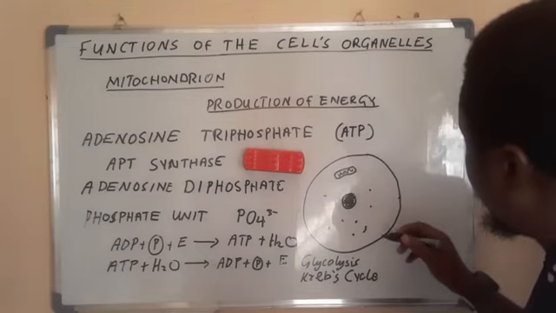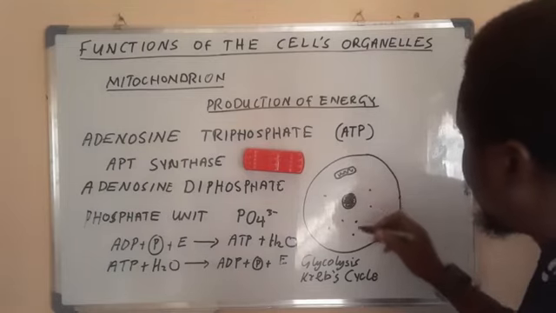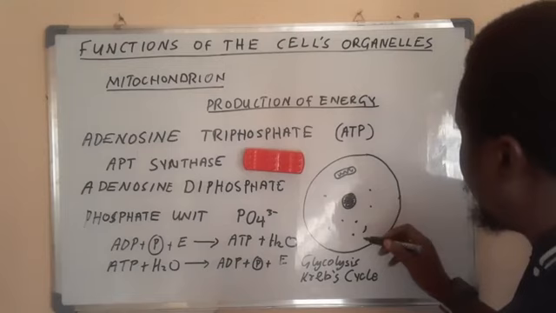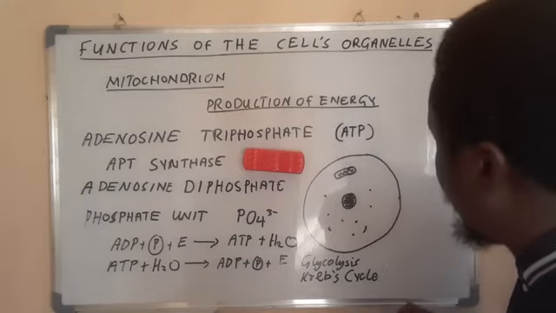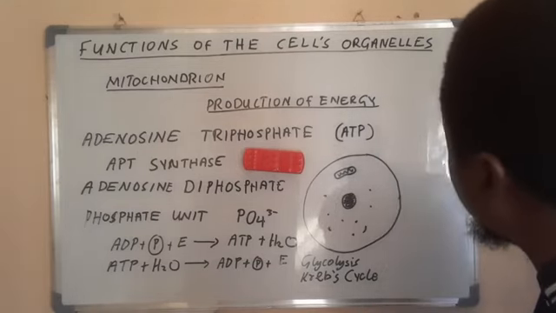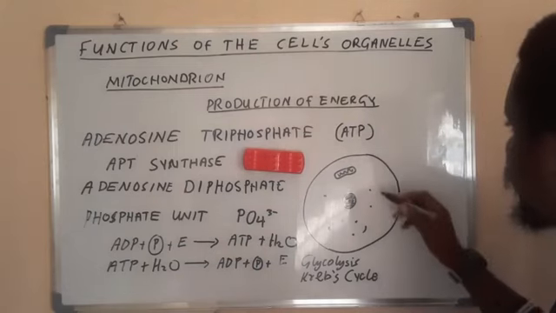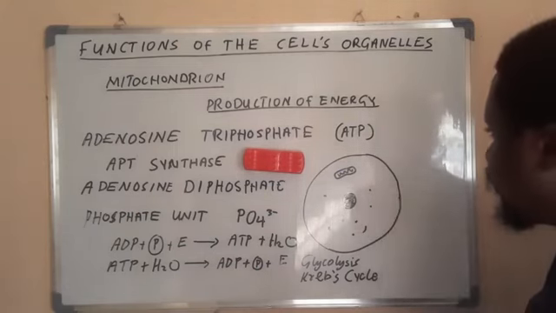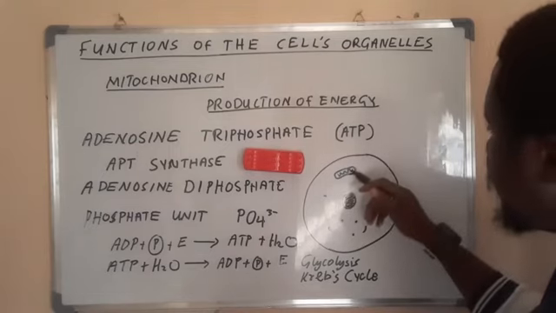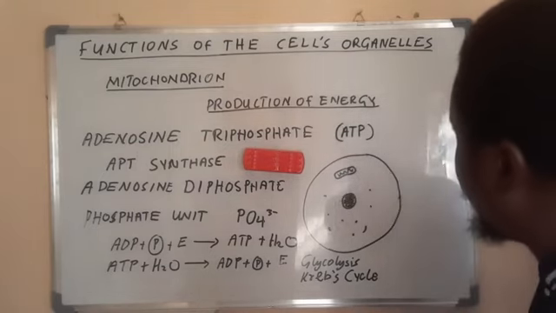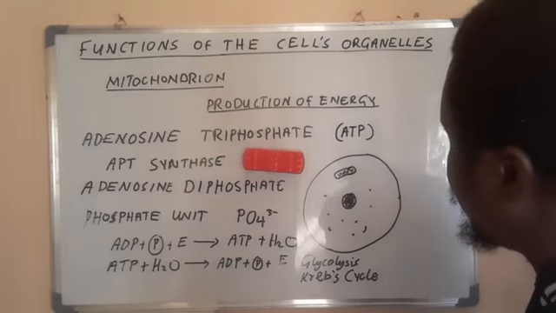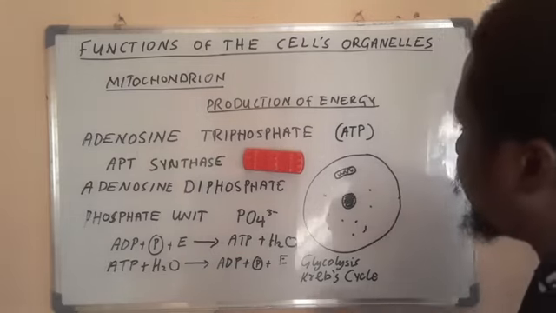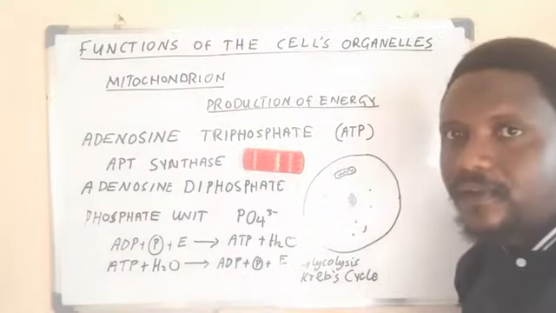And if the cell does not require much energy, you will find that it has a smaller number of mitochondria. So we're going to look at what happens inside the cytoplasm and what happens inside the mitochondria in the next video, which is associated with the production of energy.